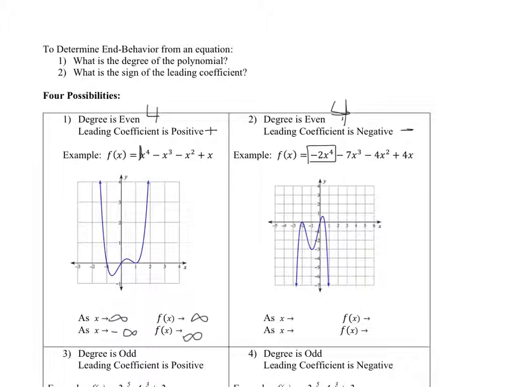Not exactly like this, but the end behavior is exactly the same, and that's what we care about. So as x goes to the right, or goes to infinity, they both go down.